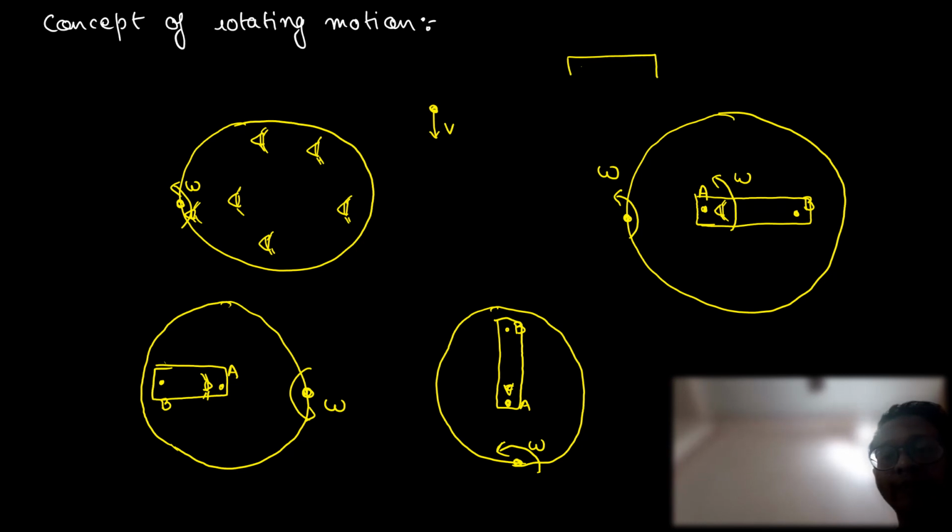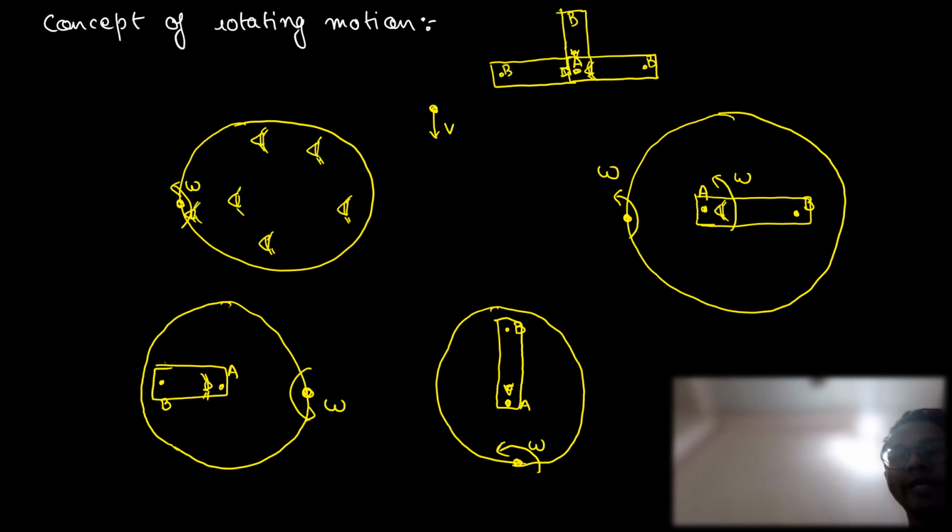I'm shifting my frame of reference to observer A. A, B. This is our observer. At the second position, this is our A, this is our B. At the third position, this one, observer A, observer B. So can you see?